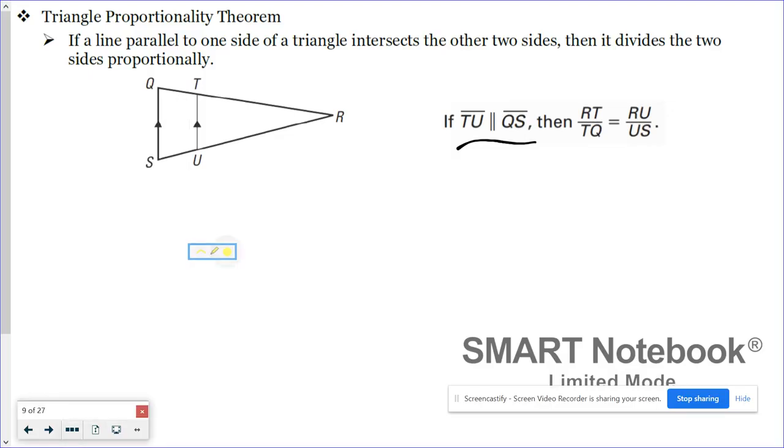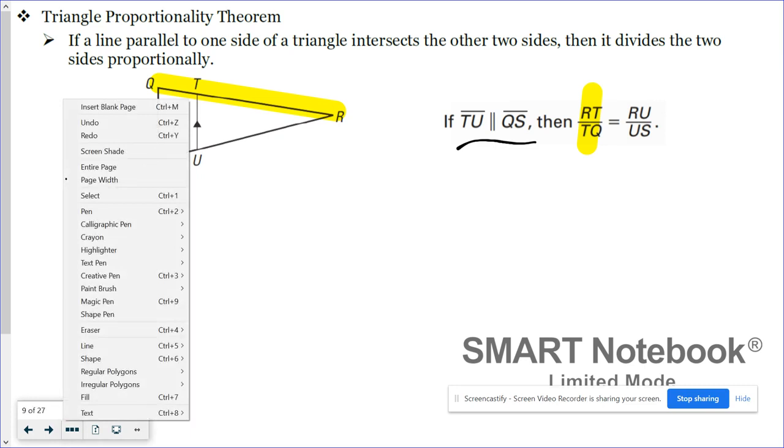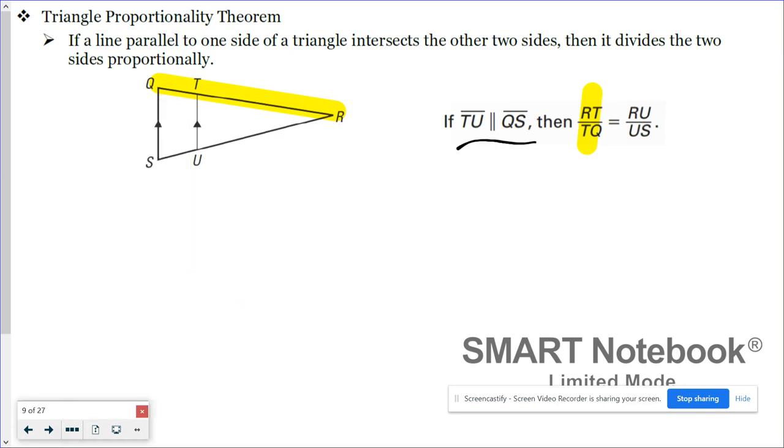So we've got the one side, the QR side. That has been split into two smaller segments. You've got QT and you have TR. Notice they wrote a ratio, RT over TQ. And then the other side of our triangle, we have side SR, and SR has been divided into two segments.